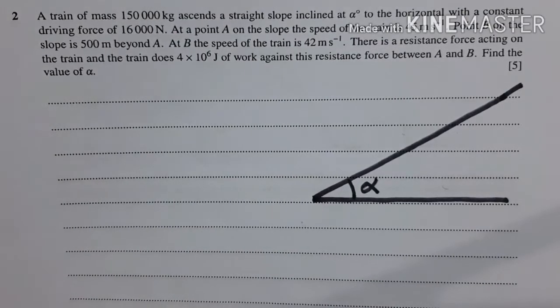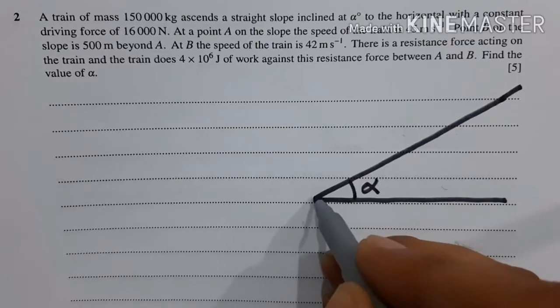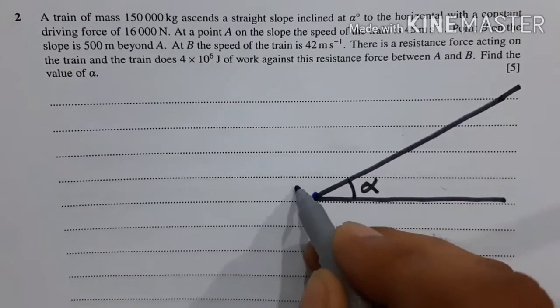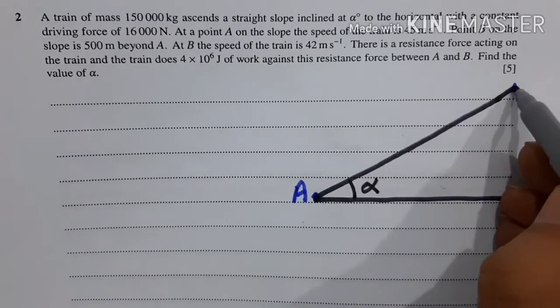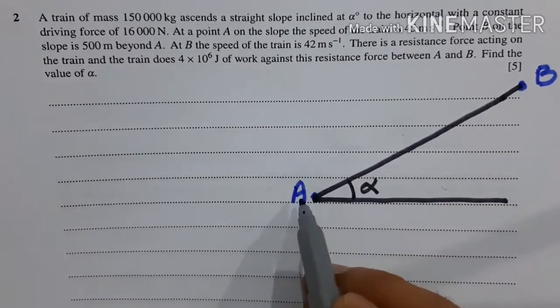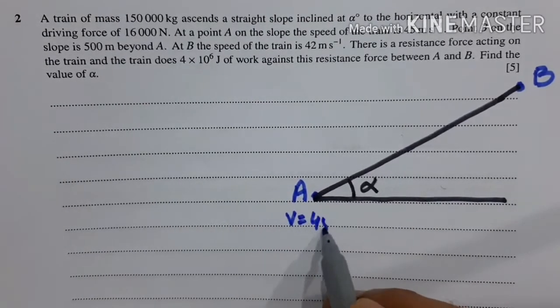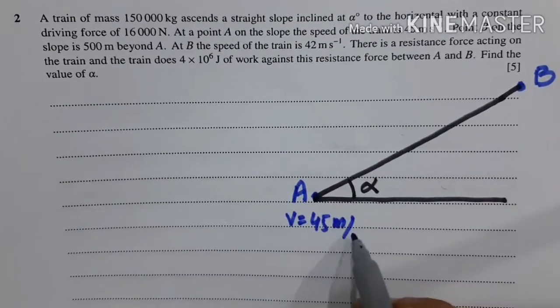Now let's suppose this is point A and this is point B. At point A, the velocity is 45 meters per second.